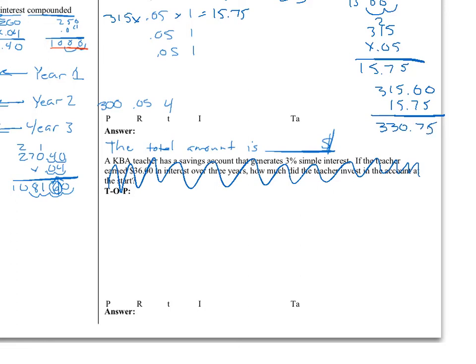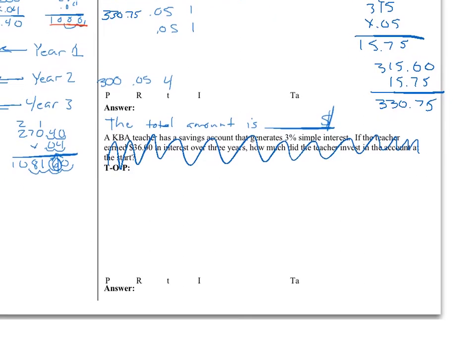Tells me that at the end of year 2, if I were to walk away from the bank at the end of year 2, I would have $330.75. Which means as I begin year 3, I've got $330.75. And I've got a new problem for this year.